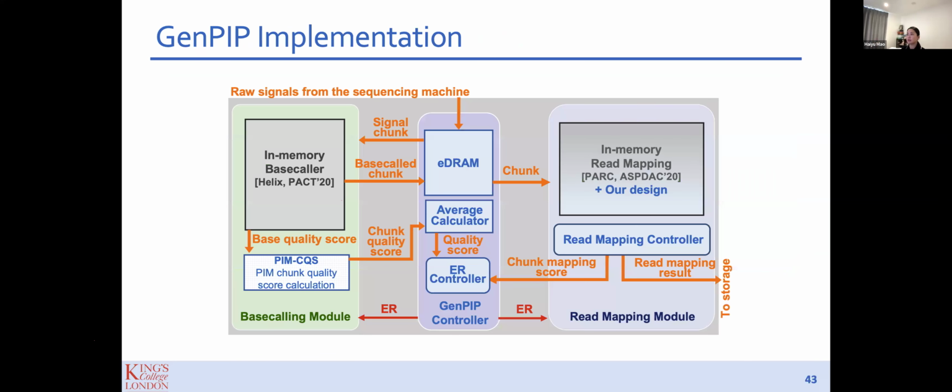So here is the implementation. I won't go through details, but the high-level idea is that we integrated them together, and we have different styles of processing using memory and processing near memory inside this implementation.